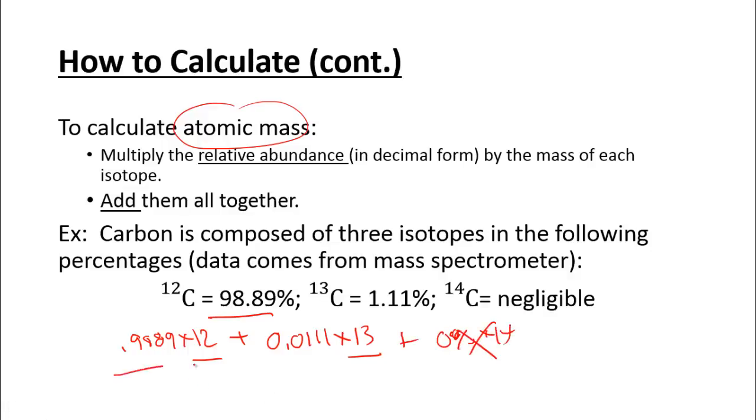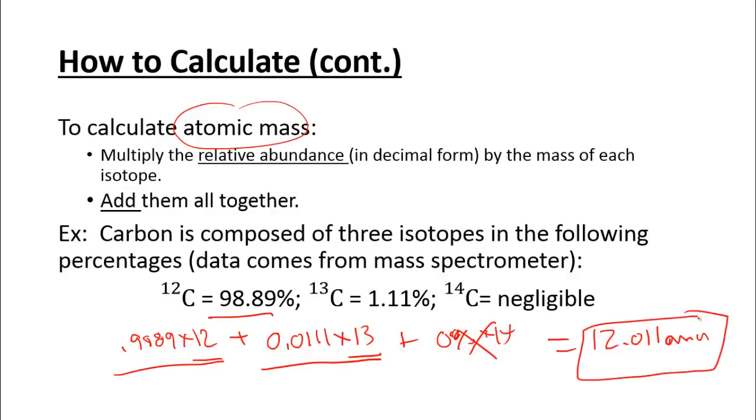So this times this plus this times this equals 12.011 amu. And that is the average atomic mass for carbon.